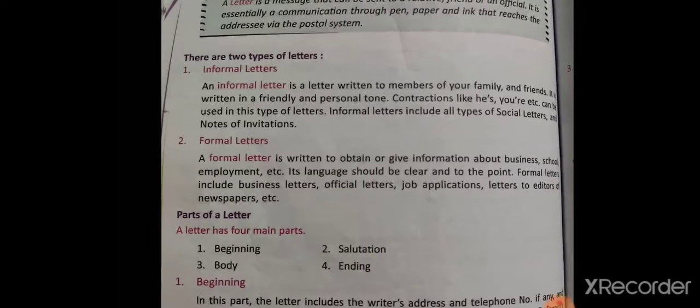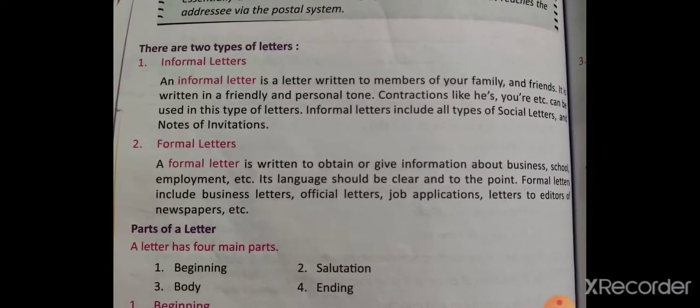There are two types of letters, informal and formal. An informal letter is written to our family members and friends. It is written in a very friendly and personal way, so we don't have to be very professional about it. We can use some words that are not professional, and we can write in a very friendly manner.